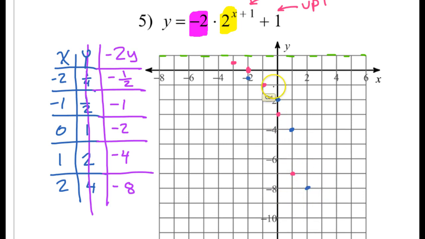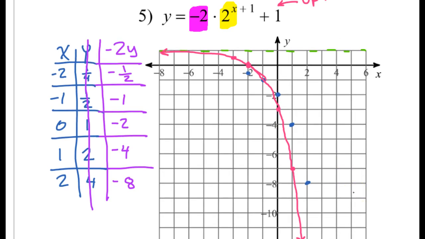All right, it's very useful to do these in two different colors. So you can see in here, if these were all one color, it'd be really hard to see what I'm doing. Anyway, these red dots represent the final answer, so I'm going to go ahead and draw a curve through here. Okay, so your final answer should look something like this for number 5.